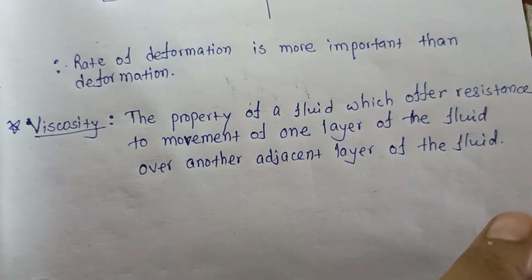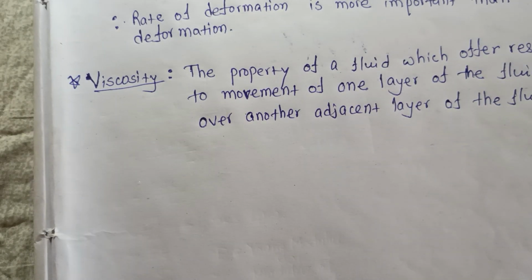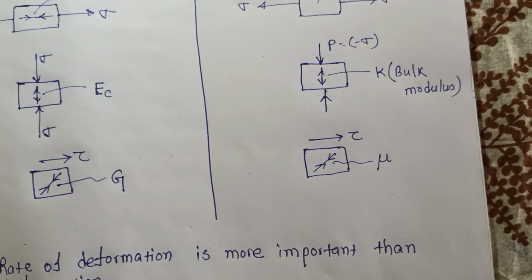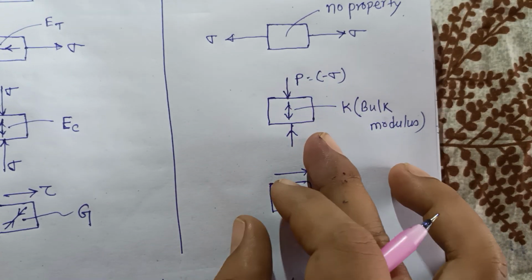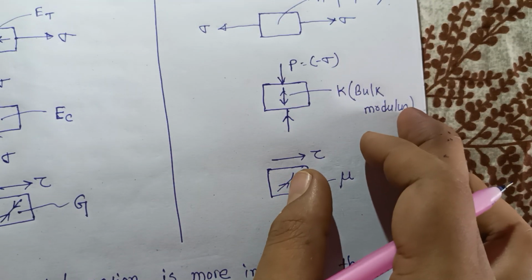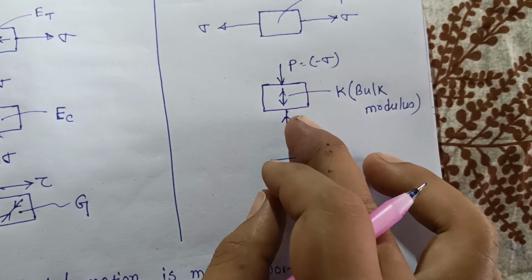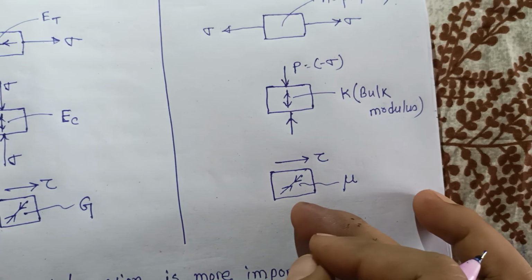So viscosity is the property of the fluid, and we discussed that a solid can oppose tensile, compressive and shear load. A fluid has negligible resistance to tensile load. It opposes the compressive load due to bulk modulus and shear load due to viscosity.